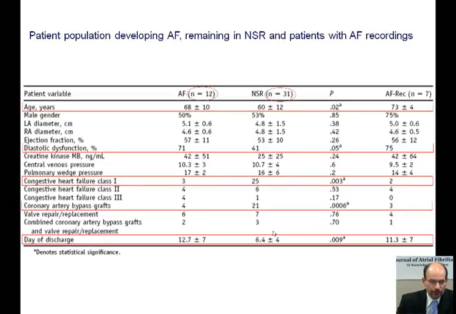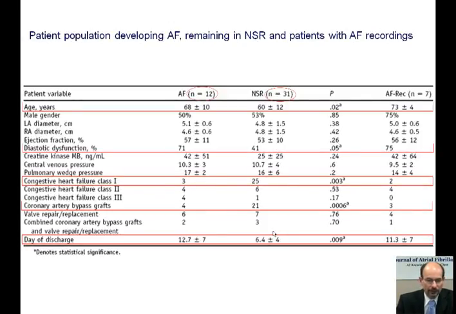As for the heart surgery procedure, there is no clear indication of what type of surgery promotes atrial fibrillation. However, we noticed that 21 patients that underwent bypass surgery remained in sinus rhythm, as compared to 4 patients that underwent bypass surgery and developed atrial fibrillation.